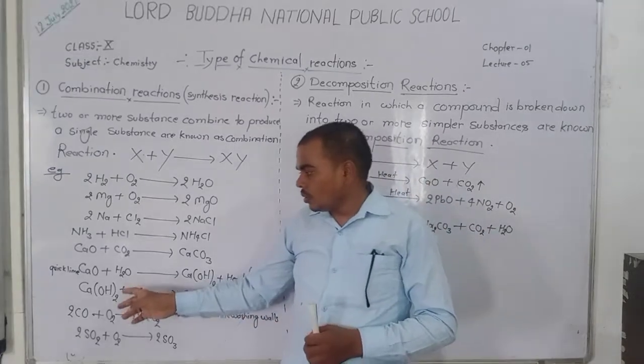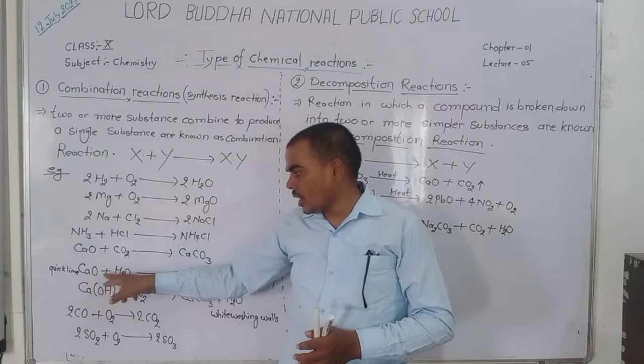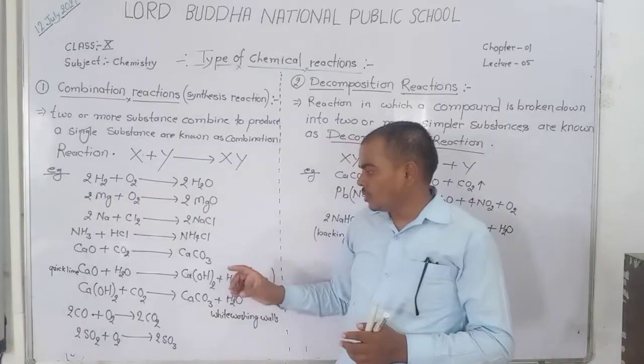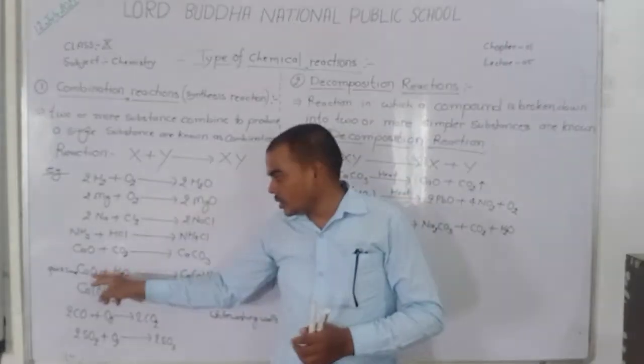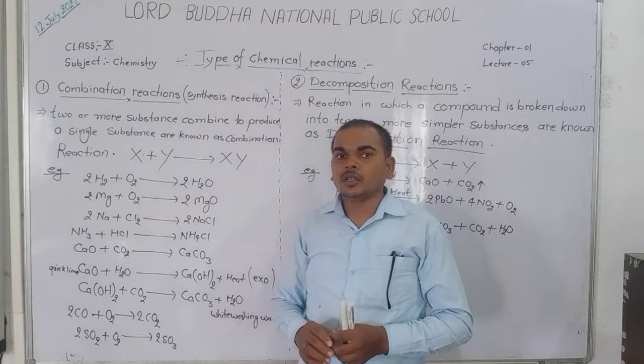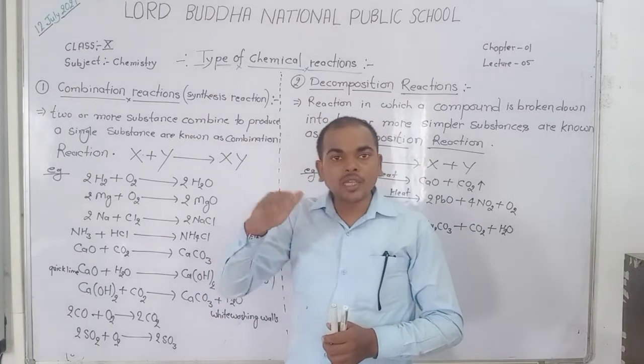Now, when calcium oxide and water make a solution, it produces calcium hydroxide. You use the calcium hydroxide for whitewashing.